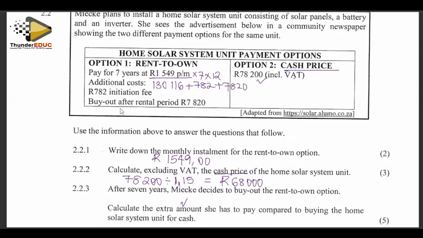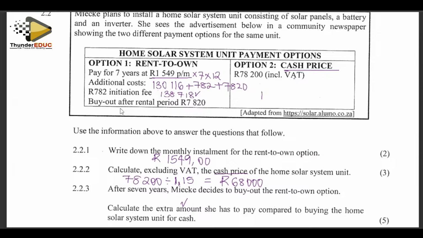When you add everything there, you end up having 138,710. This is when you buy out the rent on now. Cash, so we are looking for extra. How much extra? So you need to subtract.